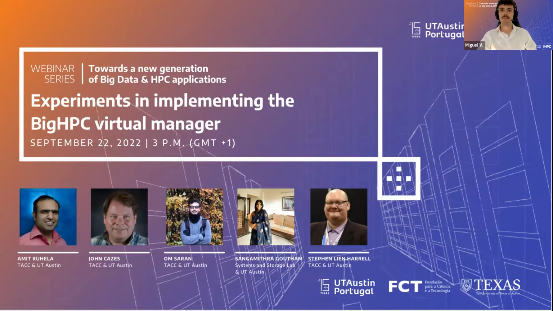Alongside the previously presented speakers, we also have Sangamithra Goutham, who is a second-year master's student at the University of Texas at Austin. She worked at the Systems and Storage Lab at UT as a graduate research assistant and has previously completed her 5-year integrated master's degree at the College of Engineering, Indiana University.